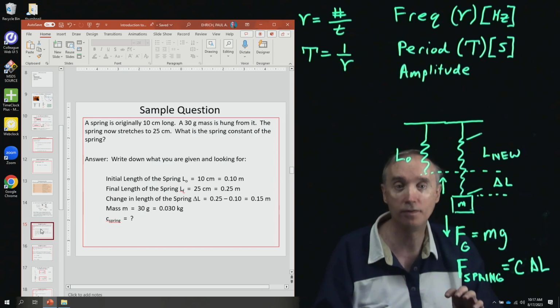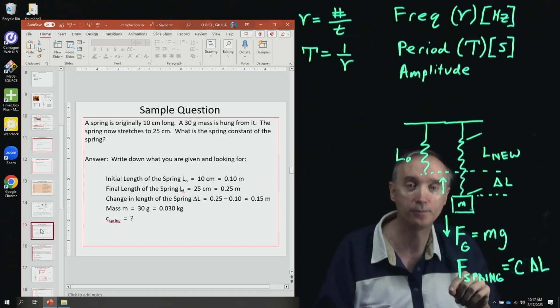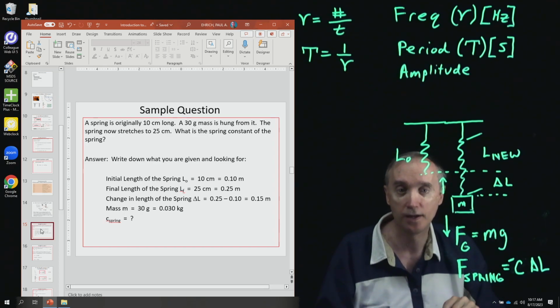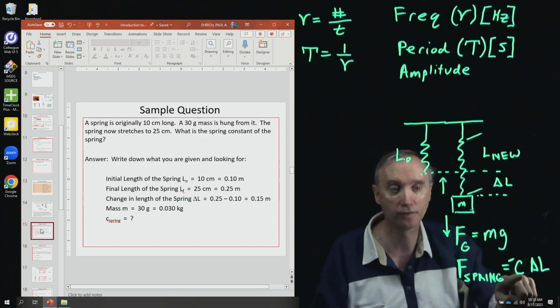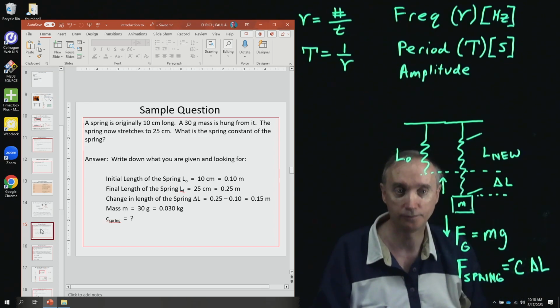So there are 1,000 grams in 1 kilogram. We're going to need to take 30 and divide by 1,000, and that's going to be 0.030 kilograms. And then what are we looking for? We're looking for the spring constant, so we're looking for the value of c.